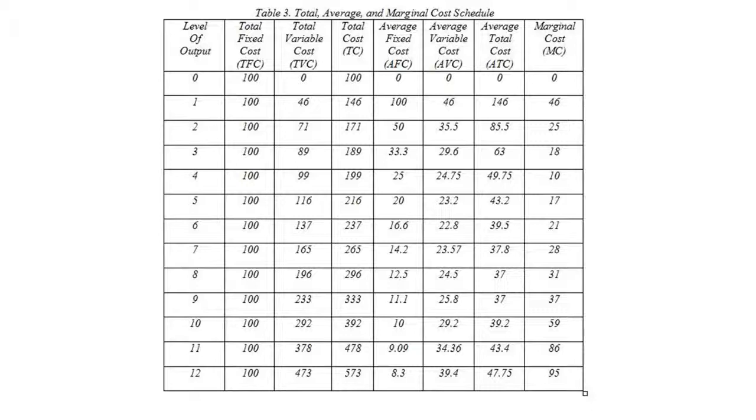On the chart presented here, as we go from one unit of production to two, the total costs increase from $146 to $171. Thus, the marginal or additional cost is $25, noted on the far right side of the chart. The average total cost, or ATC, of $85.50 at output level 2, however, is significantly higher than the marginal cost of $25.